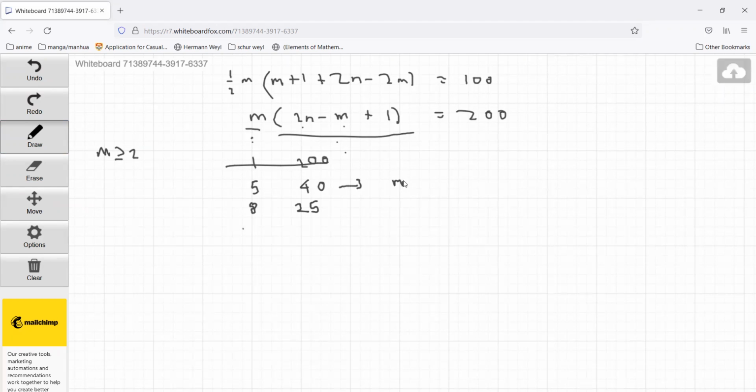So we have m equals 5, 2n minus 5 plus 1 equals 40, which gives us that n is equal to 22.